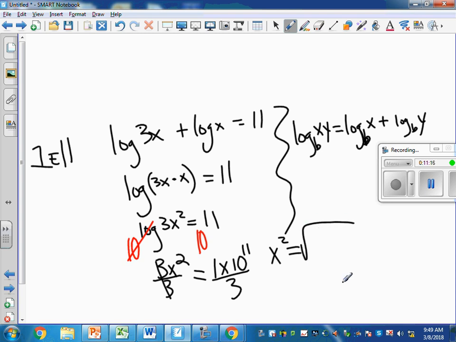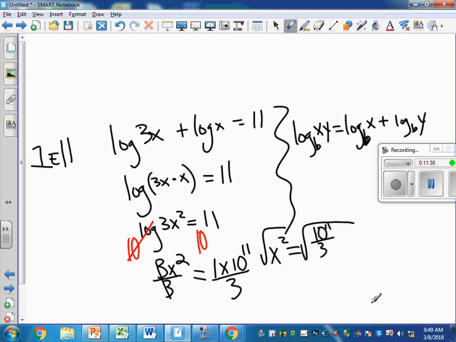So let me clarify. Basically, I'm taking 10 to the 11th. I'm going to leave the 1 off because it's not serving any purpose other than taking up space. On the calculator, I'm going to do this side in one swoop. I'm going to take 10 to the 11th, divide by 3, and then take the square root of it. This way I save myself some writing.